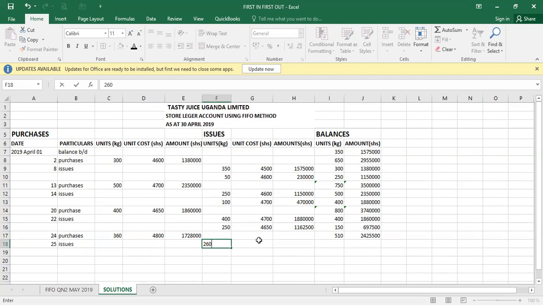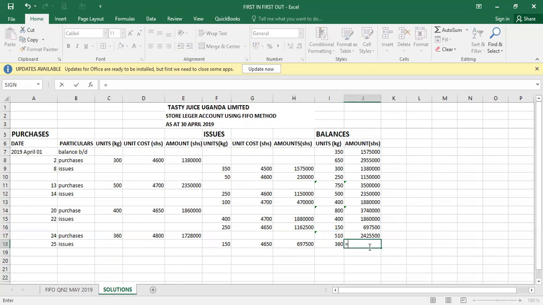So it will be the 150 that we shall first issue out at a cost of 4,650. So it will be costing us this multiplied by this. It will be that. Then we reduce the units. It will be this minus this.